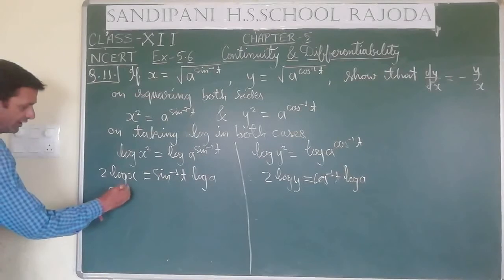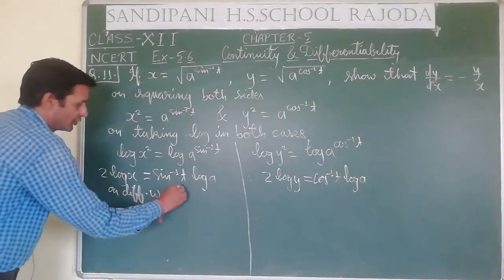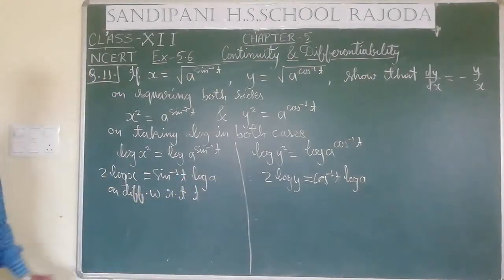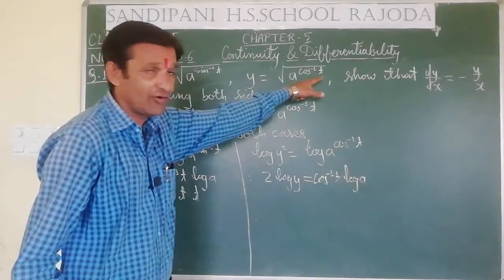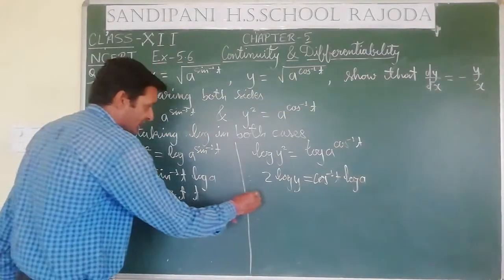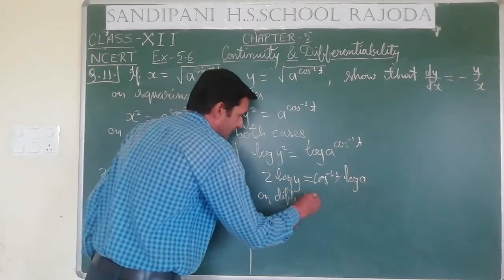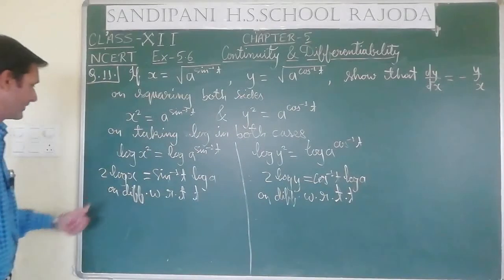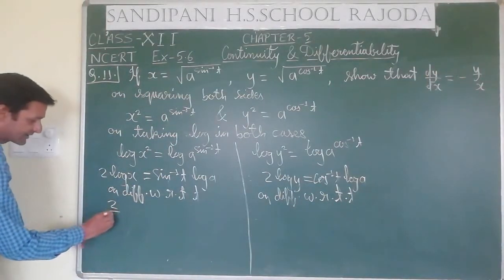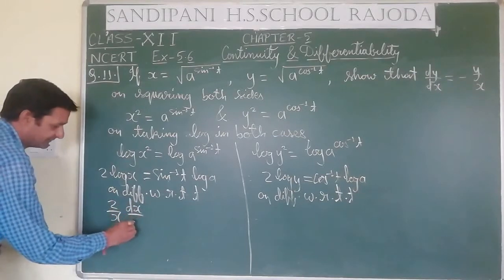Now on differentiating with respect to t, remember this thing, why we are differentiating with respect to t? Because both are functions of t only. So on differentiating with respect to t, and here also on differentiating with respect to t, this will become 2 upon x dx by dt.